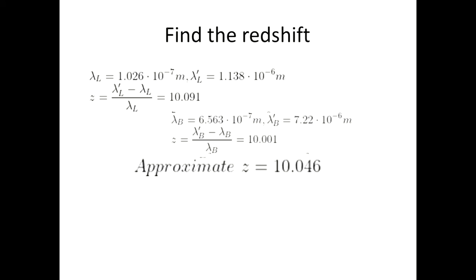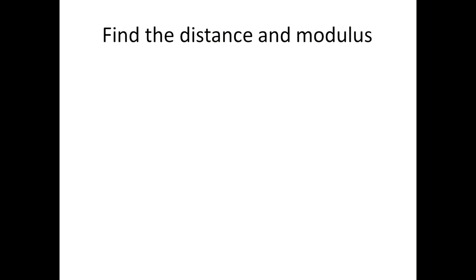Because of this redshift, we can find the distance. How is that? Well, we know that z is greater than 0.1, such that the redshift is so big that the velocity isn't of the galaxy itself, rather it comes from the expanding universe.